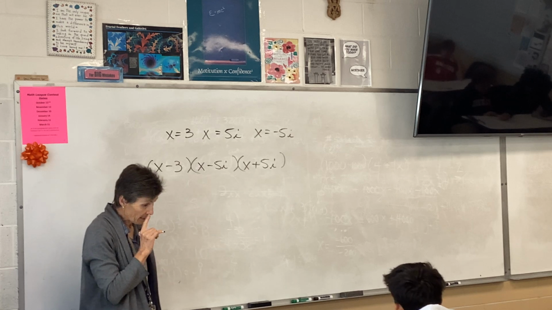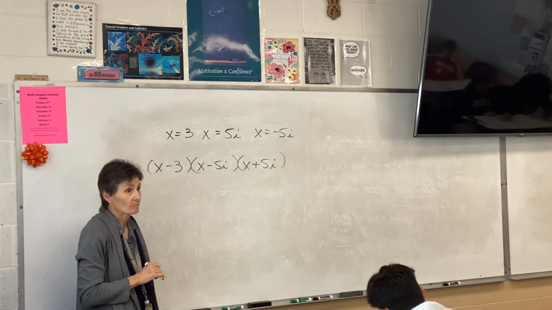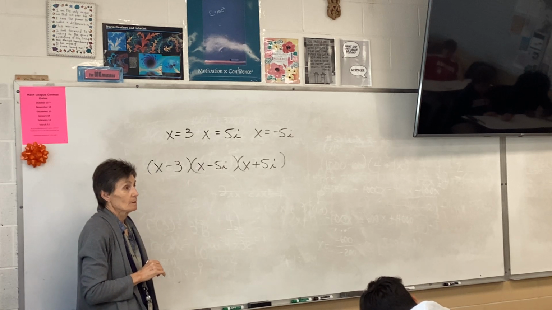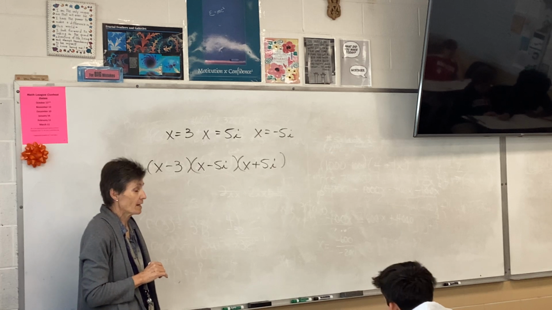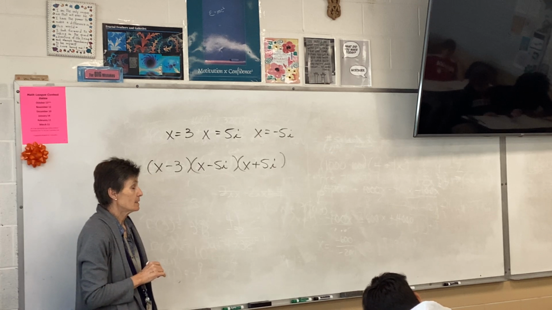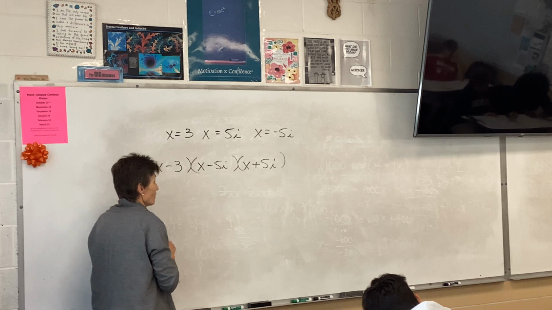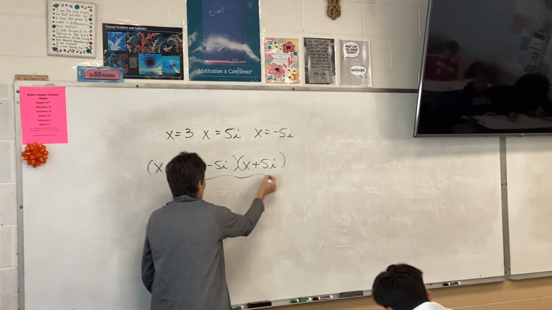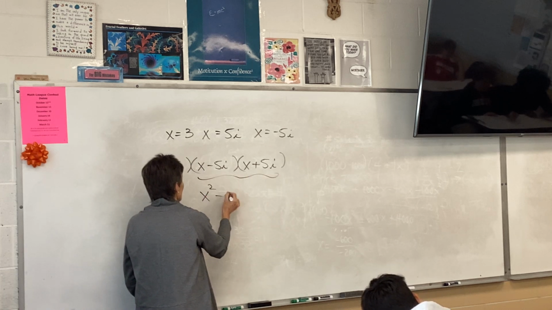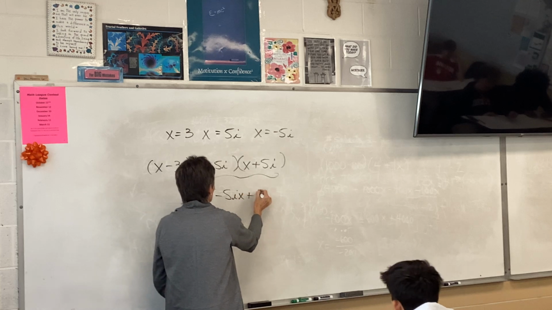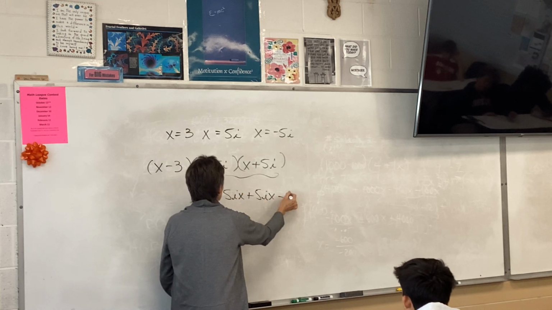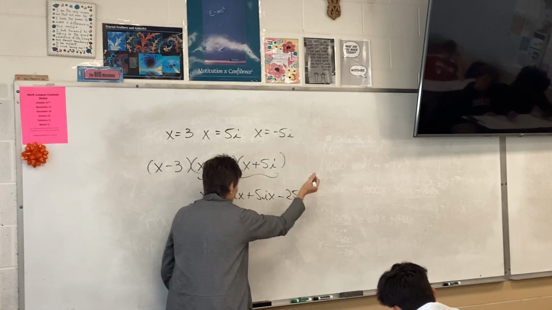Now I gotta multiply it out. It doesn't say to, but it doesn't say not to, so I'm gonna multiply it out. Here we go. Where do I start? These guys, right? So x squared. You know, some things are going to cancel, which makes us very happy.